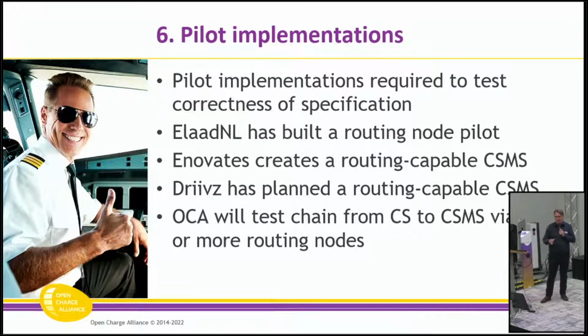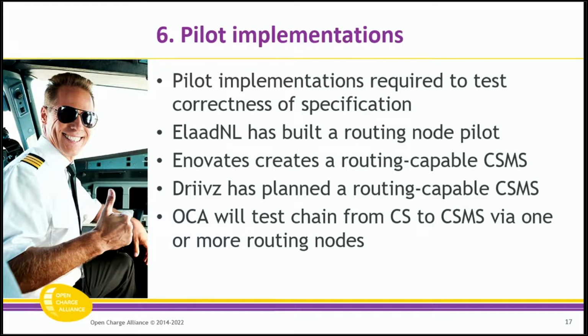But of course, we have this specification ready by now, but we really would like some pilot implementations to verify that this works. Elate, our host here, has already built a routing node pilot, but of course it needs to communicate with a CSMS.